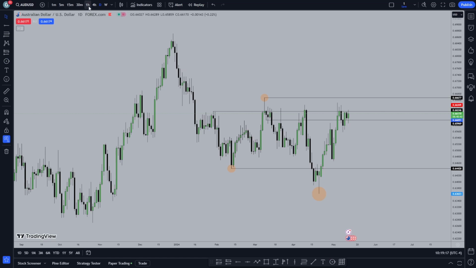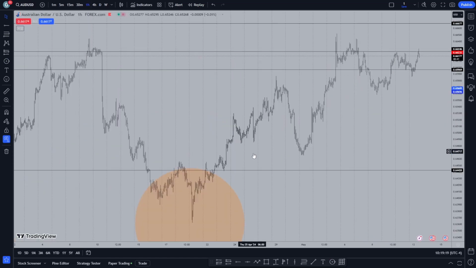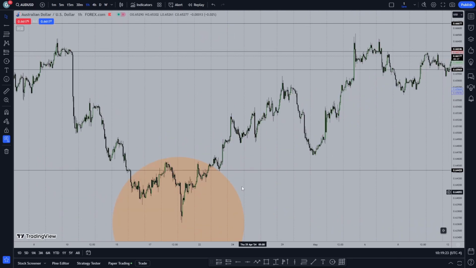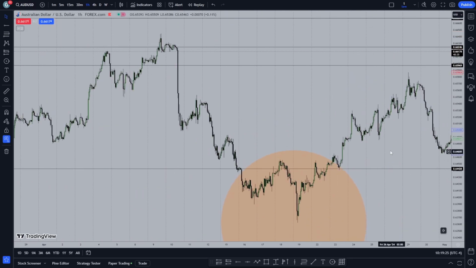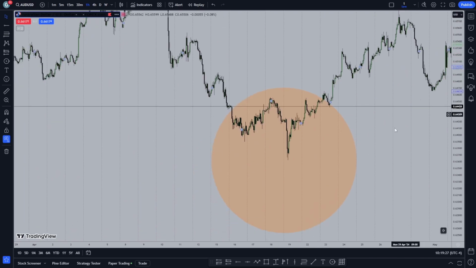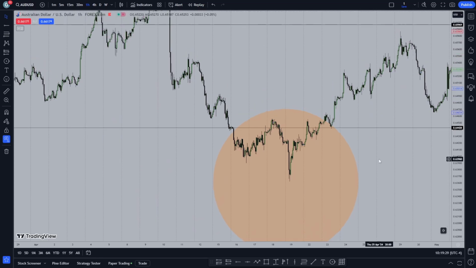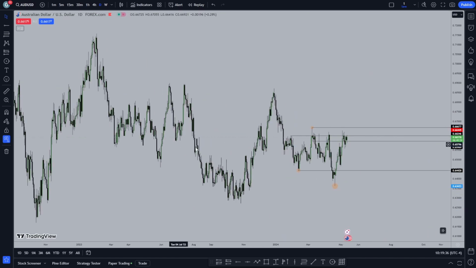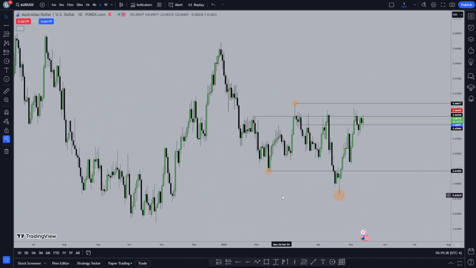Okay, if you go on the 1H time frame, now if you are trading on the 1H time frame, and if you want to hold trades for a few days, then what you can do is look for the daily bias and take trades. So this is how you will frame your trades if you trade on the 1H time frame.